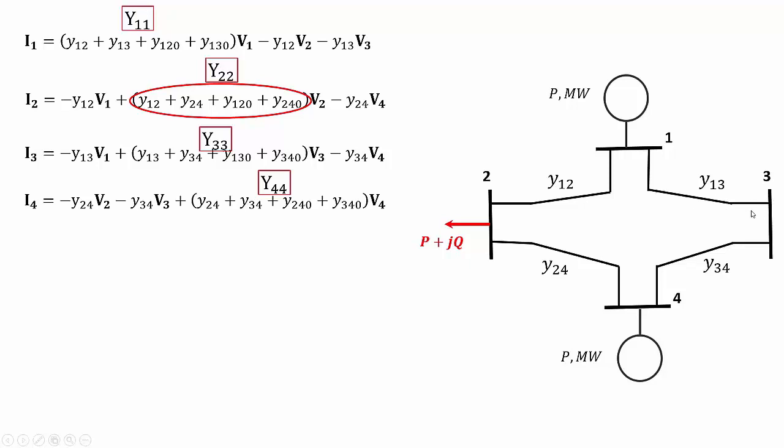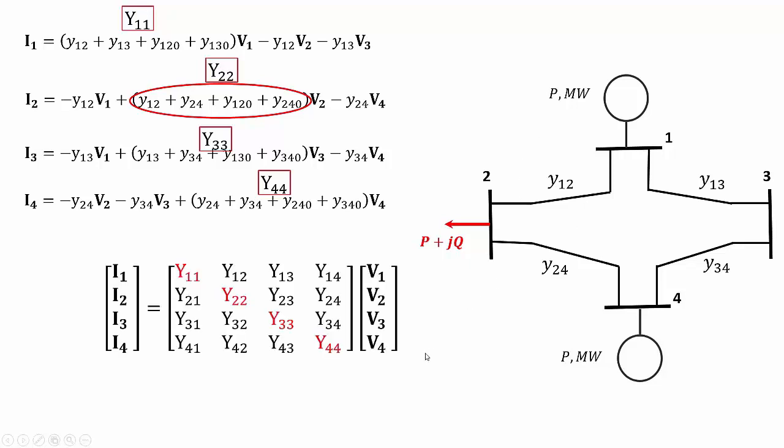Between 1 and 3, there is minus this. Between 3 and 4, there is minus this. There is 0 between the others. So we put this in a matrix form, end up with this diagonal element. The off-diagonal elements, for example, I look at Y12 and Y21, are these. It's actually this element. So these are equal and equal negative value of this admittance.